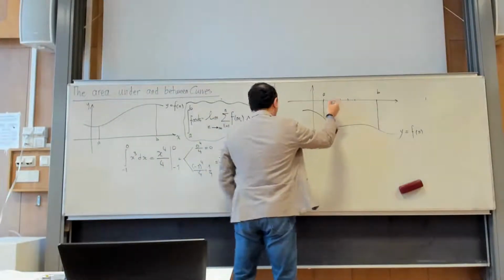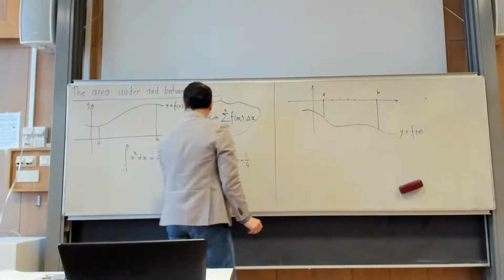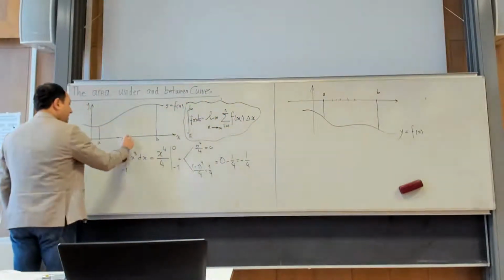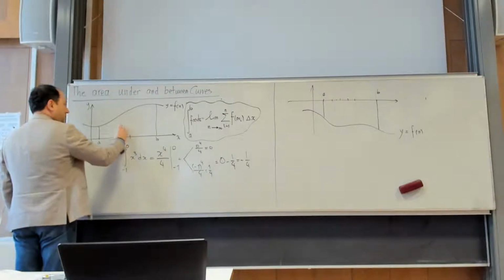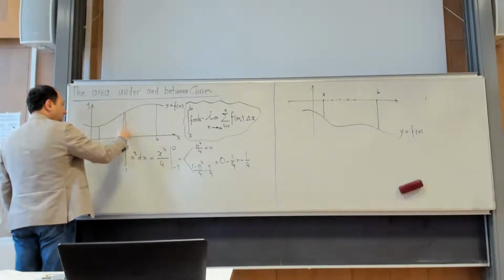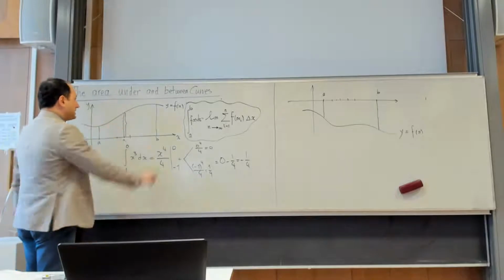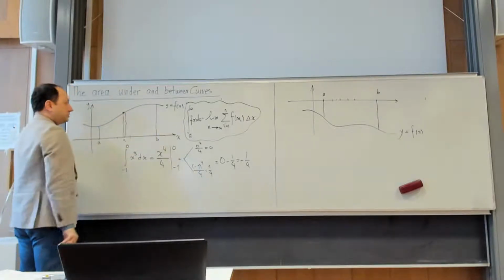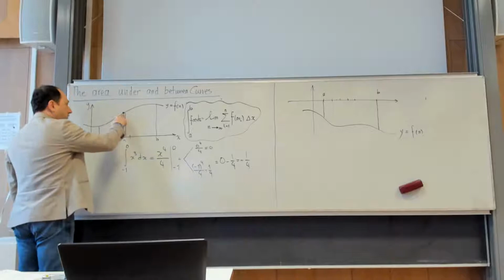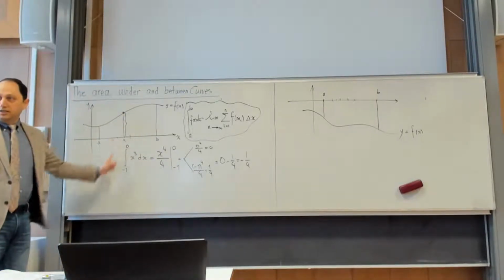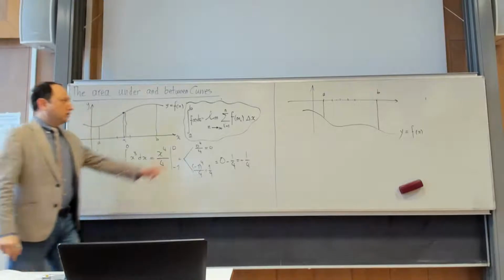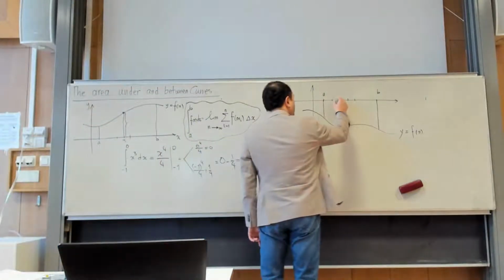So if I ask you what is f(m_i), in this case, if this is the ith interval, m_i is the midpoint. If I ask you what is f(m_i), it is this number. So f(m_i) is the y coordinate of this point. The y coordinate of this point is a positive number. So f(m_i) in this case is positive, yes? But what happens for f(m_i) in this case?